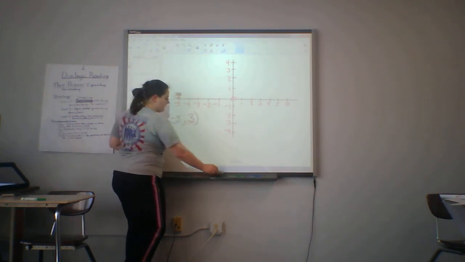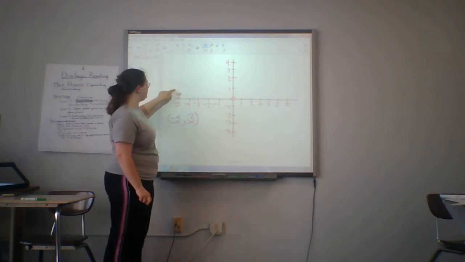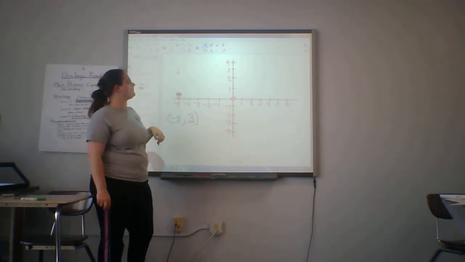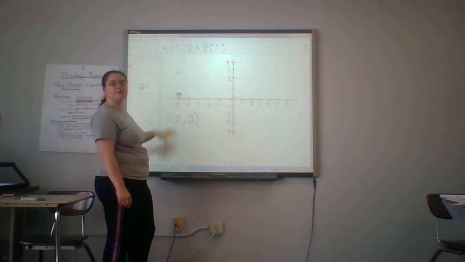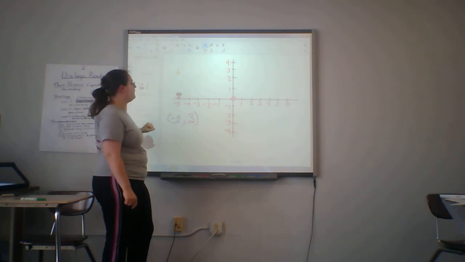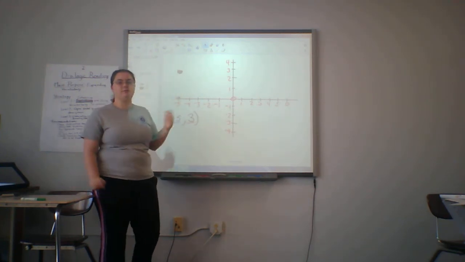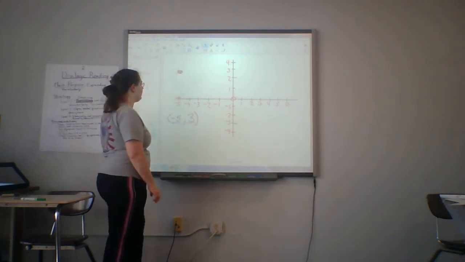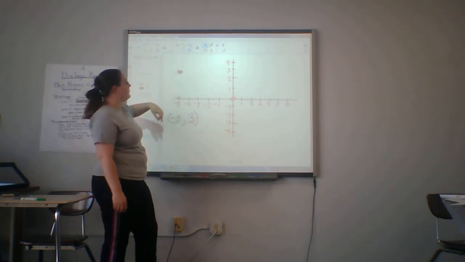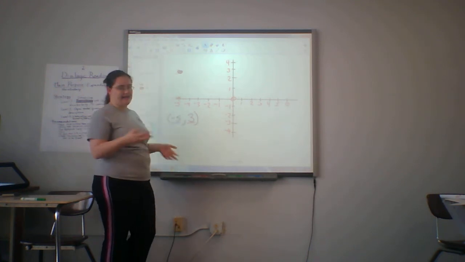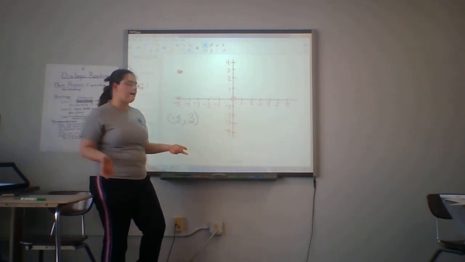Miss Roo's gonna hop up 3. 1, 2, 3. Okay? Do you see how Miss Kangaroo is at 3? She brought the treasure chest with her. And that's where she's going to bury the treasure chest. Okay? Now, this is the same thing that we do with all of our other numbers. We're just adding a new element, moving backwards, okay?